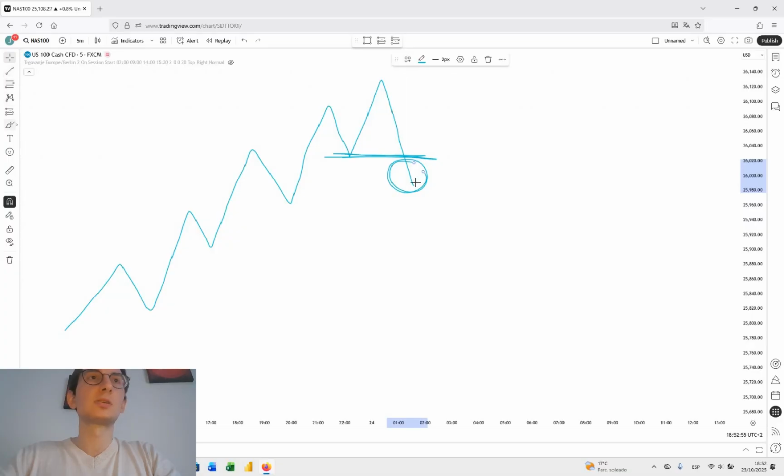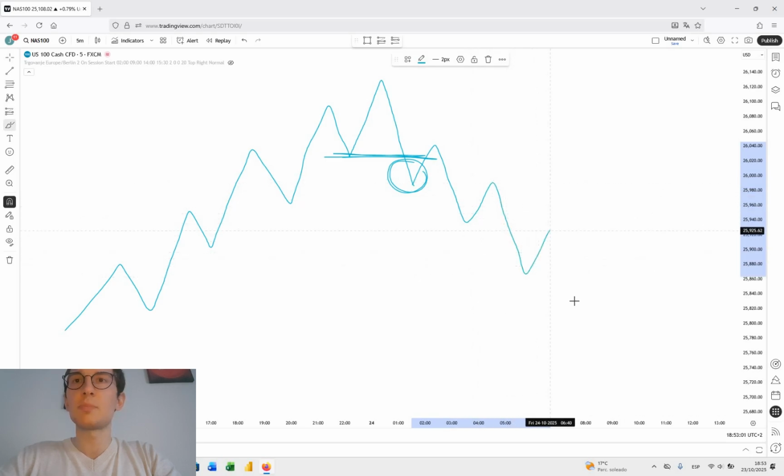Now let's keep going. Now we go up, down. Now we are in a bearish trend. Up, down, up, down, up, close. We closed above the lower high. What does that mean? We broke the structure.